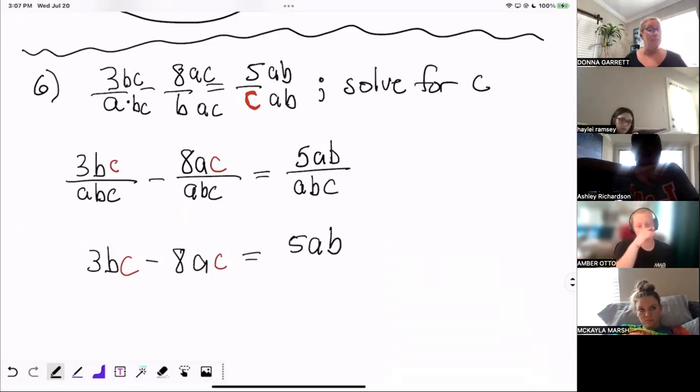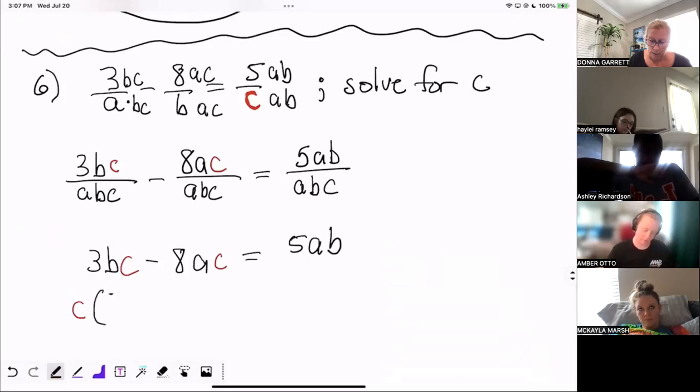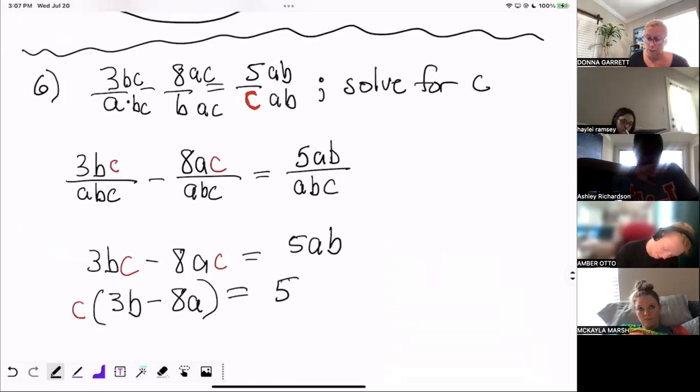Now this time we have C on one side. So now we just factor it out. We're going to take C out. What am I left with? C times 3B minus 8A equals 5AB.